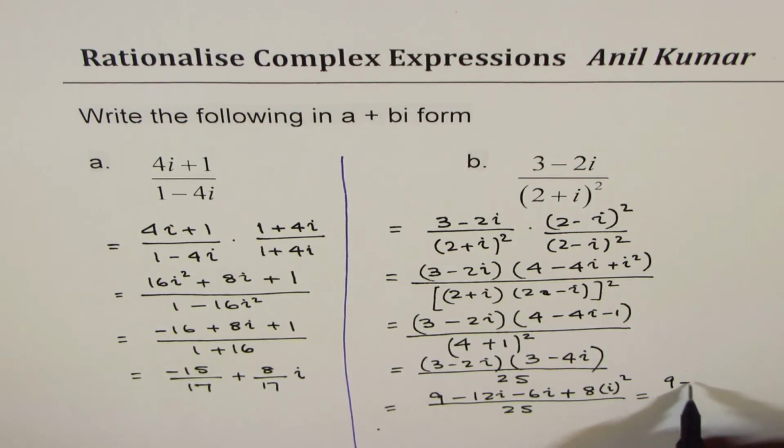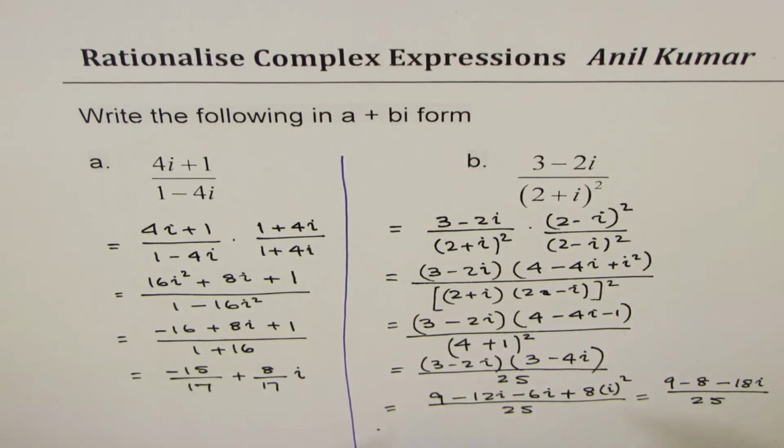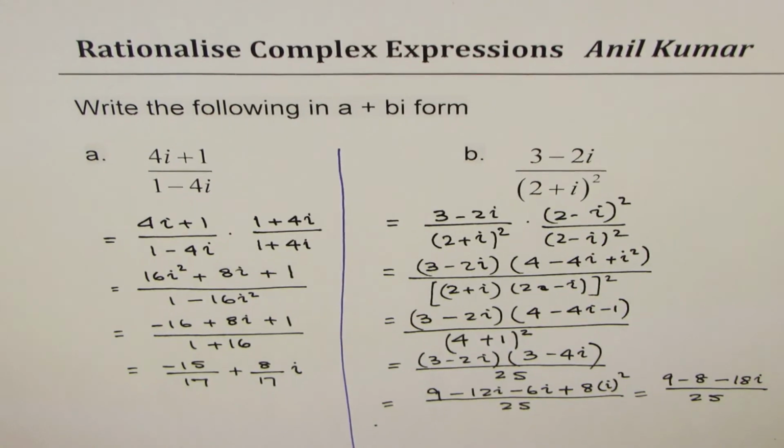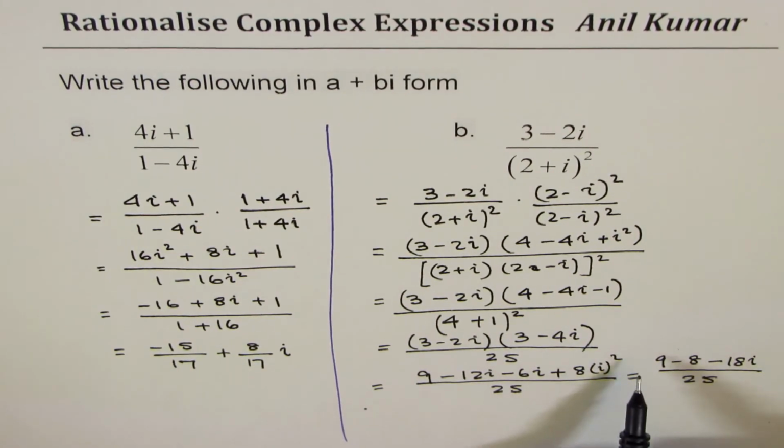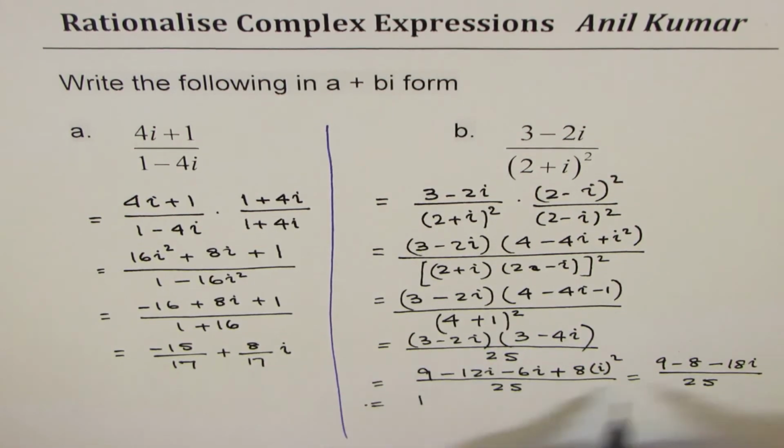So you get 9 minus 8, and here we have minus 18i over 25. Now 9 minus 8 is 1.